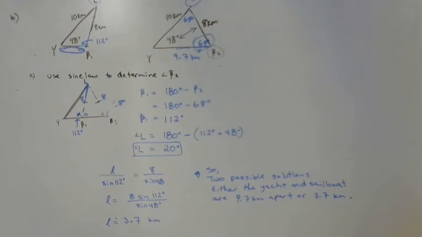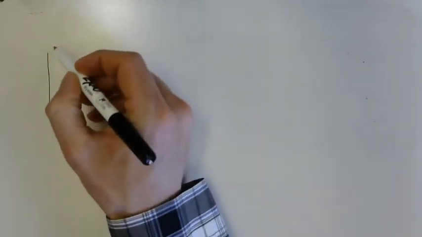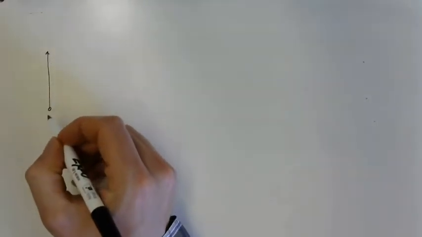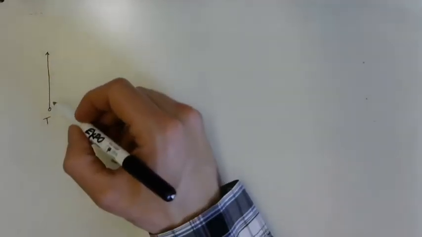Example 4, we are told that we're going to end up using the cosine law. The radar screen in the air traffic control tower shows a Piper Cherokee 15 kilometers from the tower at a direction of 30 degrees east of north. So if we're drawing, here's north, here's our tower, and we're looking at 30 degrees east of north.